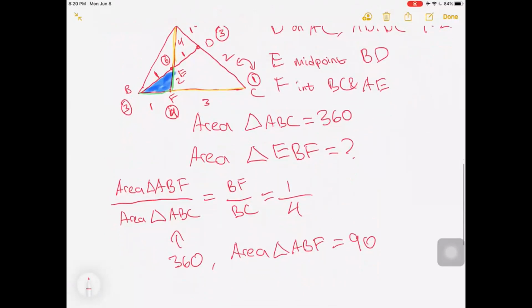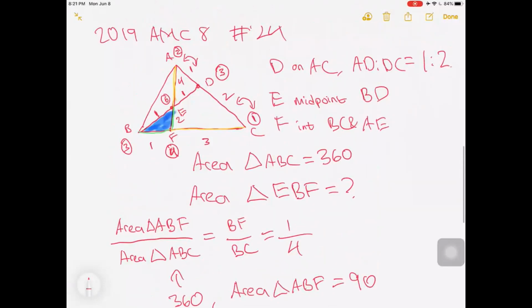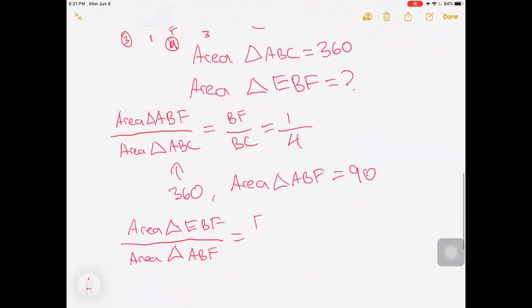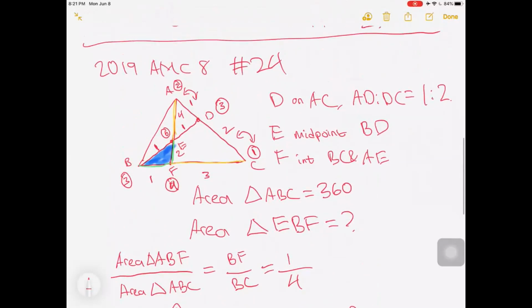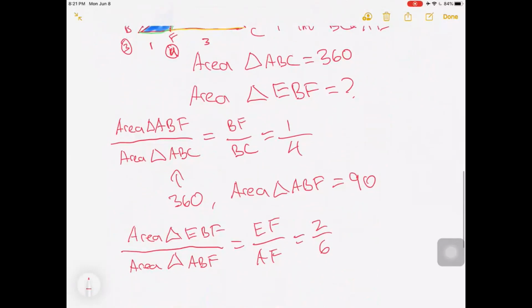The area of triangle EBF over the area of triangle ABF is just equal to EF over AF, because we can just compare their bases since they have the same height, which is equal to exactly 2 over 6, which is equal to 1 over 3.